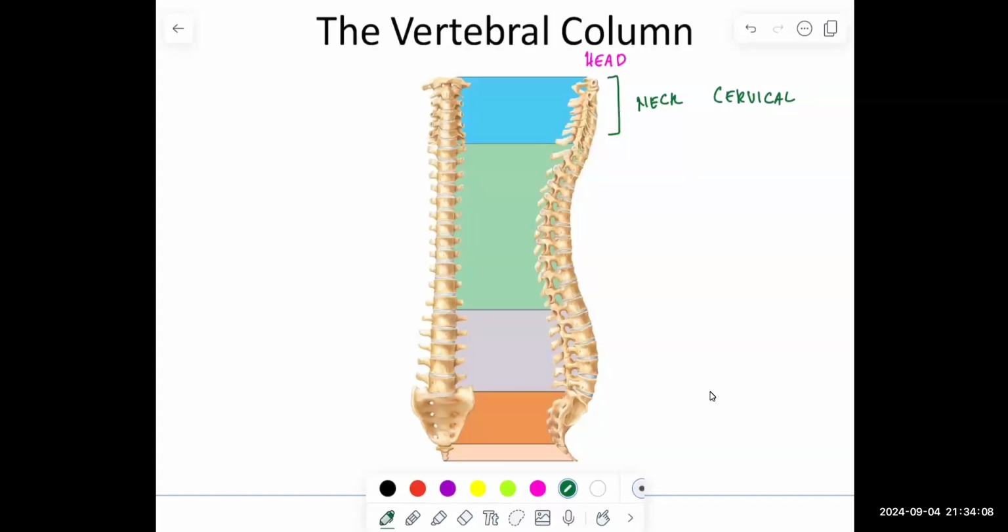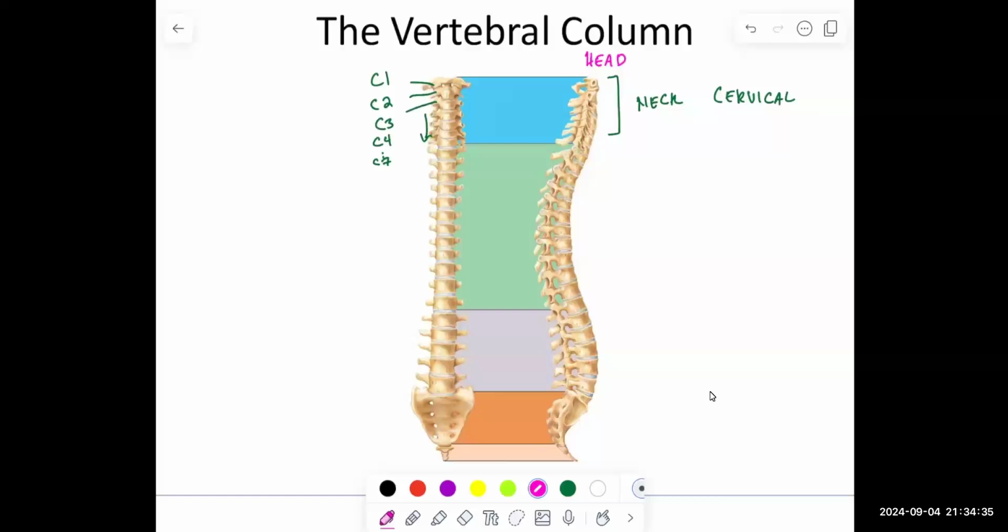You have 7 of these. The very first one, you're going to call it C1 for cervical vertebra number 1. The second one, C2, C3, C4 to C7. That's 7 bones done. C1 through C7.